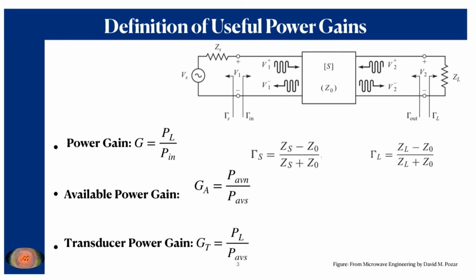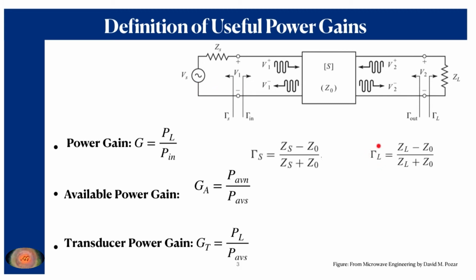This gamma s, this reflection coefficient, defines the reflection that is caused due to a mismatch between the source impedance and the characteristic impedance of the device, and the reflected wave generated due to this effect propagates towards the source itself.